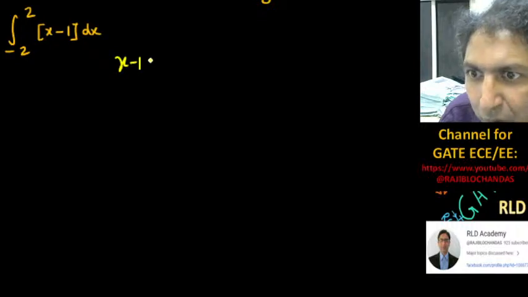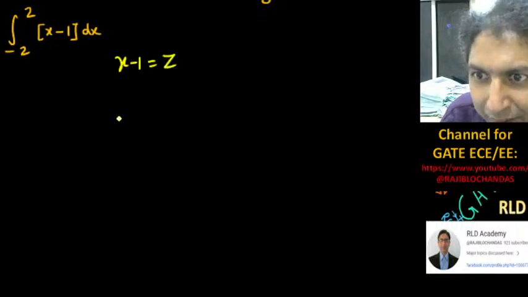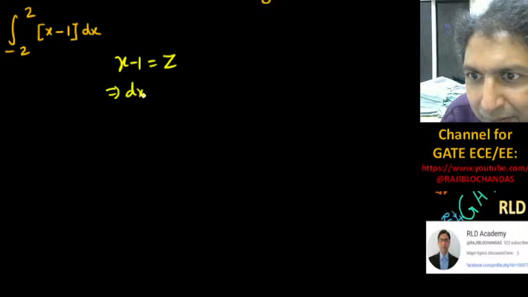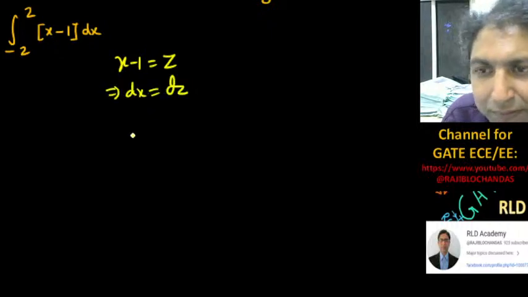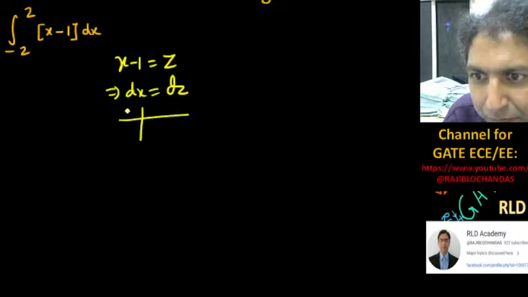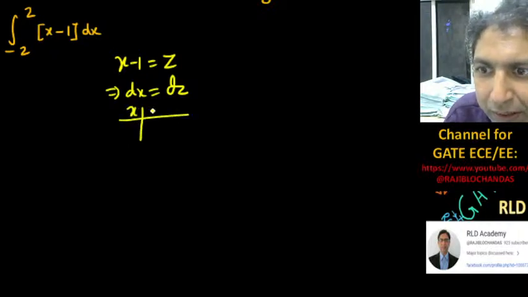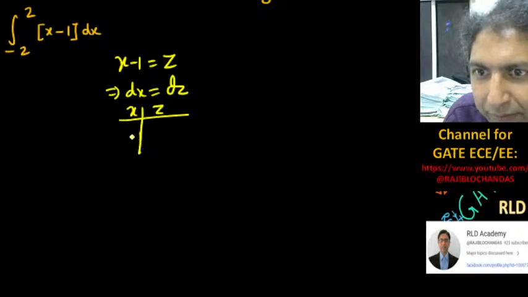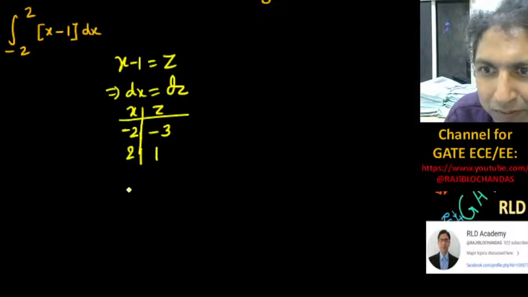If I consider x minus 1 equal to z, then dx will be equal to dz, that's fine. When x equals minus 2, z is minus 3, and when x equals 2, it is 2 minus 1, it is 1.